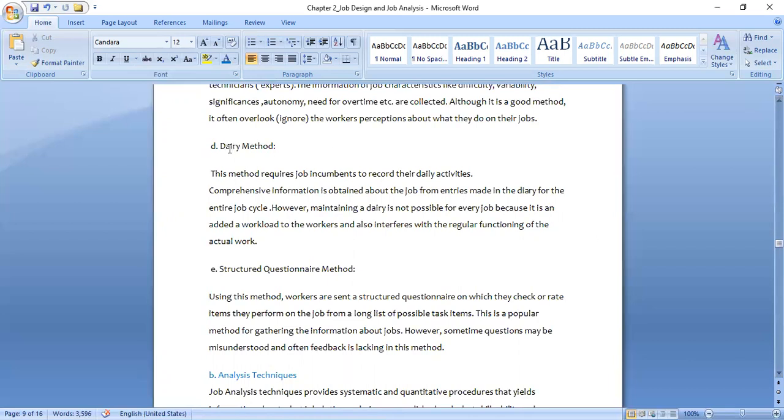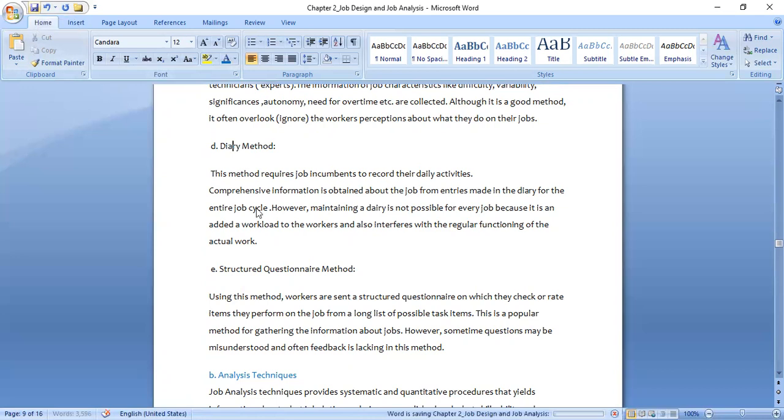This is diary, not dairy. If it's dairy, D-A-I, it's for milk. If it's diary, it is recording in a diary.